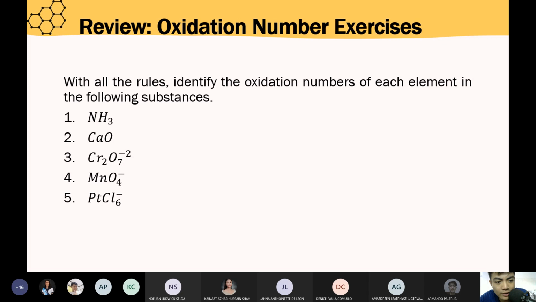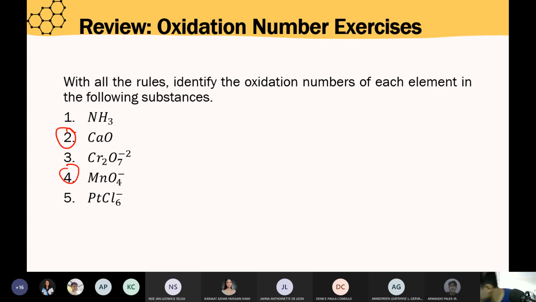Okay? So, gagawin ko, okay? So, kayo magsagot ng items 2 and 4. Sagutan nyo on your own. Use the chat box to give your answers. Okay? So, chat nyo na lang. Calcium, what's the oxidation number? Oxygen, what's the oxidation number? Okay? So, in the chat box, you type in your answer for 2 and 4, while for the rest of the items here, ako yung magsasagot.